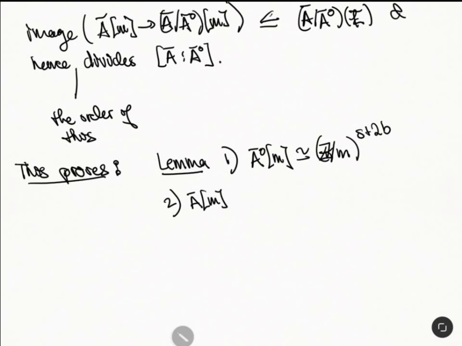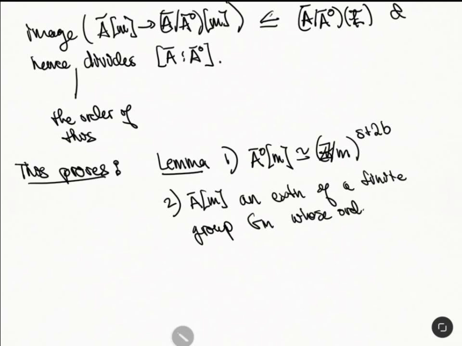The other thing that we do is that this is an extension of a finite group, let's say G_m, whose order divides this index by this torsion here. Maybe this is a really long-winded way of doing this, right? Okay, and then we're going to use this for counting.